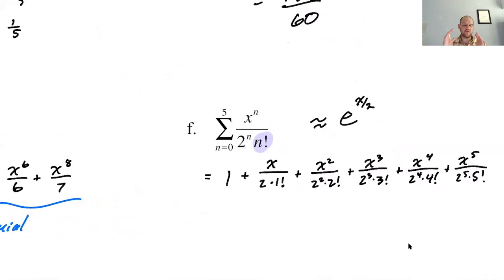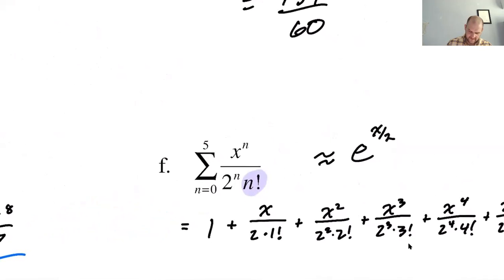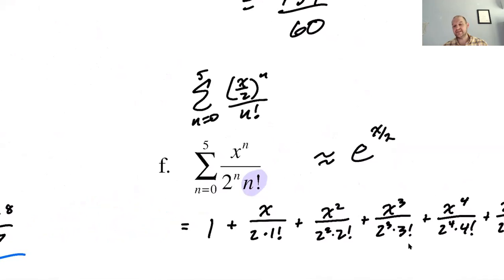Cosine is the quantity 2n factorial. Sine is the quantity 2n plus 1 factorial. e has n factorial. So in my mind, I rewrote this as x over 2 to the n over n factorial. As soon as I did that, I said, that looks a lot like e, but instead of e to the x, it looks like we subbed in x over 2 for some reason. So it looks like e to the x over 2.